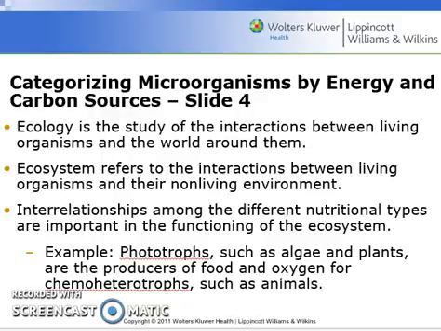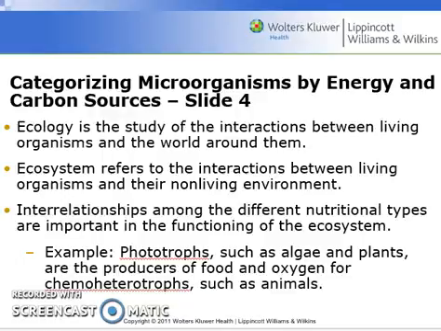Now, some other terms to understand: classifying organisms based on their energy and carbon sources sets the stage for the type of ecological niche an organism will fill.